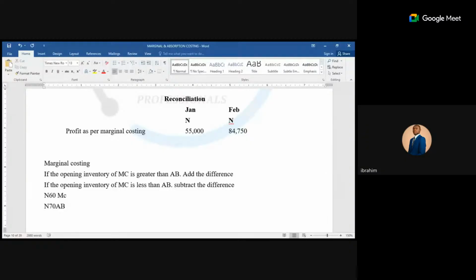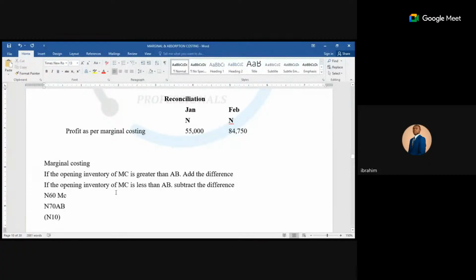You can see that it is lesser. The difference is 10. So you have to subtract the difference from the profits. You can see the first one you have to add if it is greater. The second one you have to subtract the difference.